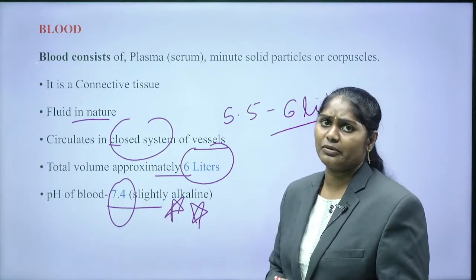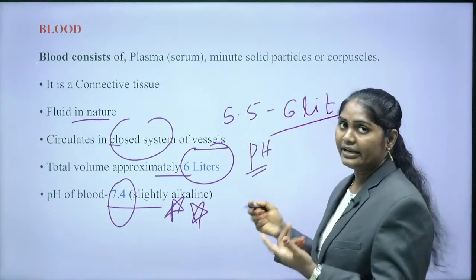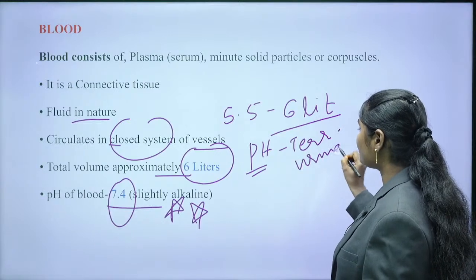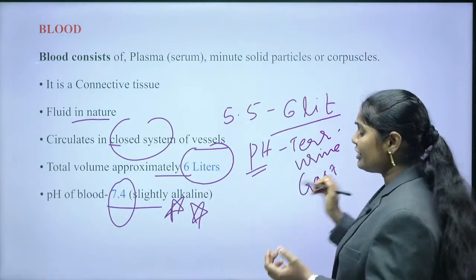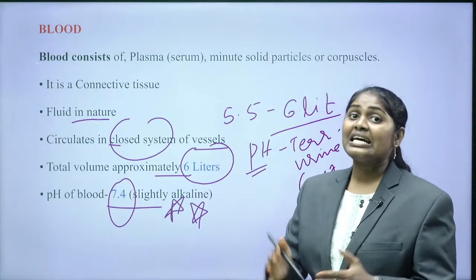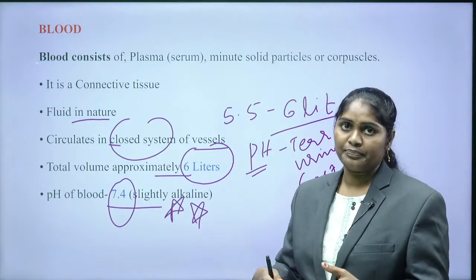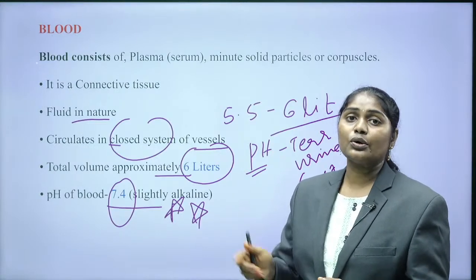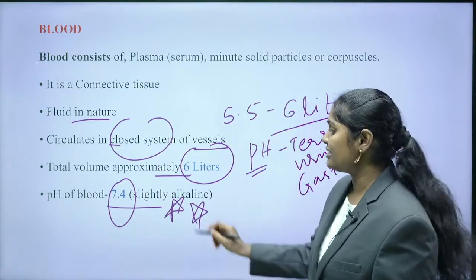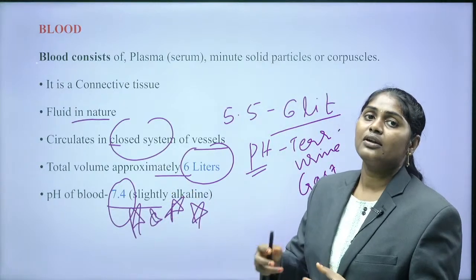Not only the pH of the blood, you have to study the pH of all your body fluids, like tears, urine, and gastric pH. When you are seriously preparing for the government pharmacist exam, try to write a note of all these pHs on one page so that you can memorize them. That is very, very important. This is one of the question framing type of questions.